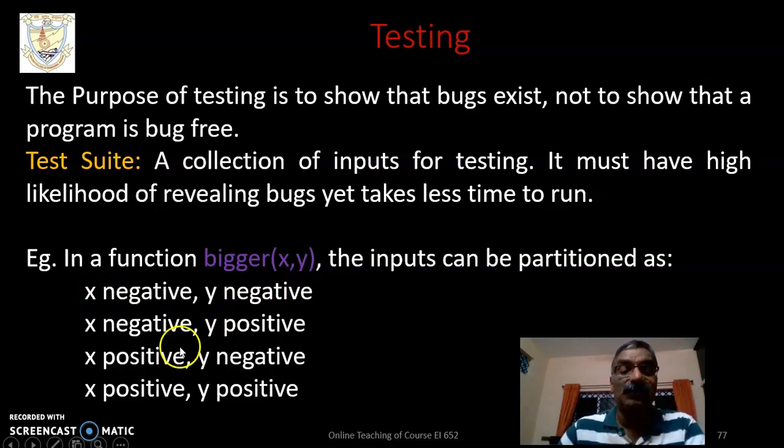Then run this program. Then take x as negative, y as positive. Then x as positive, y as negative. And the last one, x as positive and y also as positive. So give all possible combinations of inputs to the program so that it will produce the correct output when I run it. So that is an example of a test suite.